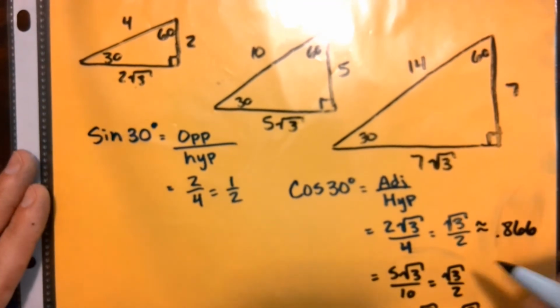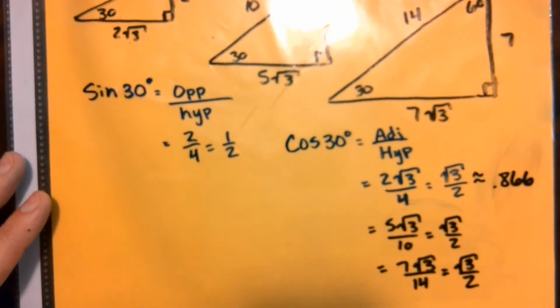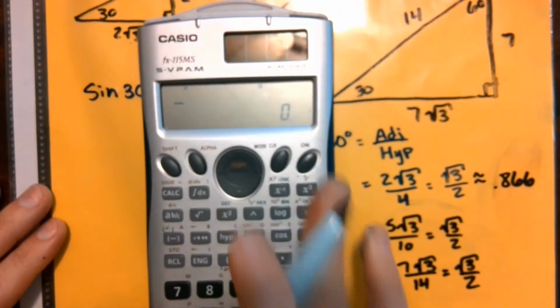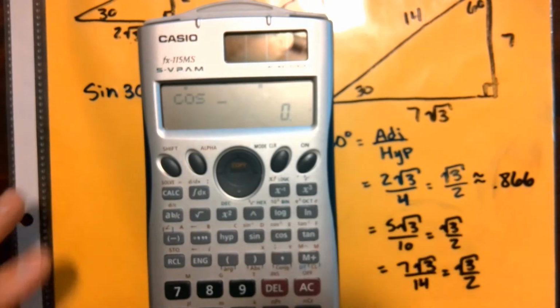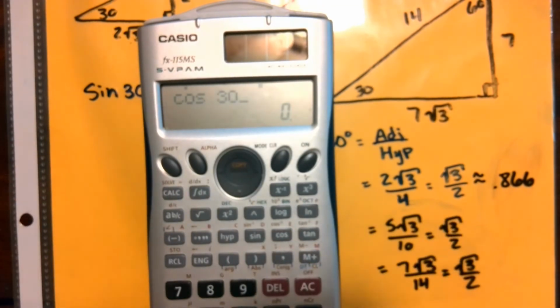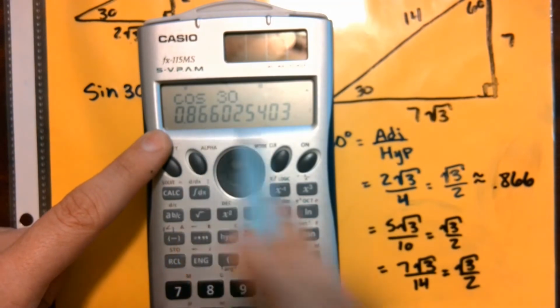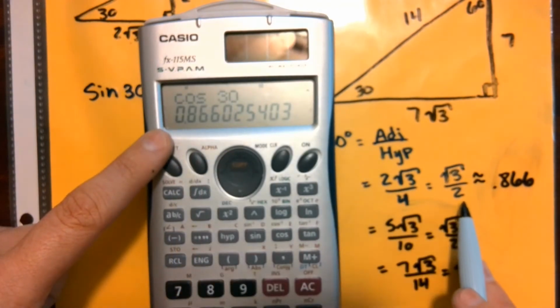So in all of these, we're getting that same ratio, radical 3 over 2, for cosine of 30 degrees. That's really telling us that the cosine of 30 degrees, no matter what my triangle, if it's really big or really small in my 30, 60, 90, it has to be in this ratio 0.866, which is what radical 3 over 2 is as a decimal.